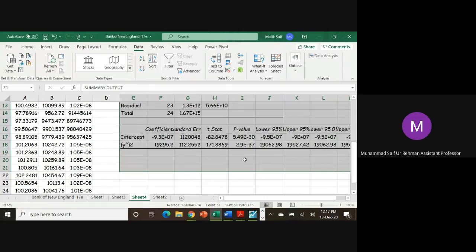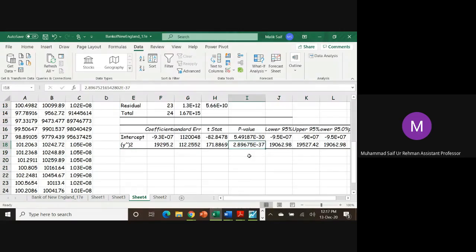Okay. P value is so small if you see in this case: 2.896 raised to the power minus 37. It means 0.00036 zeros and then 2. So small as compared to the 5% level of significance.